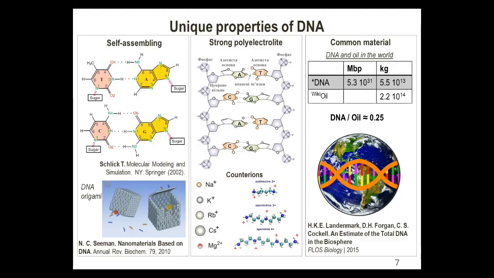This information is available, and they had a big table with all this data, and they estimated. And about oil, this information is in Wikipedia. So yes, I just took it.